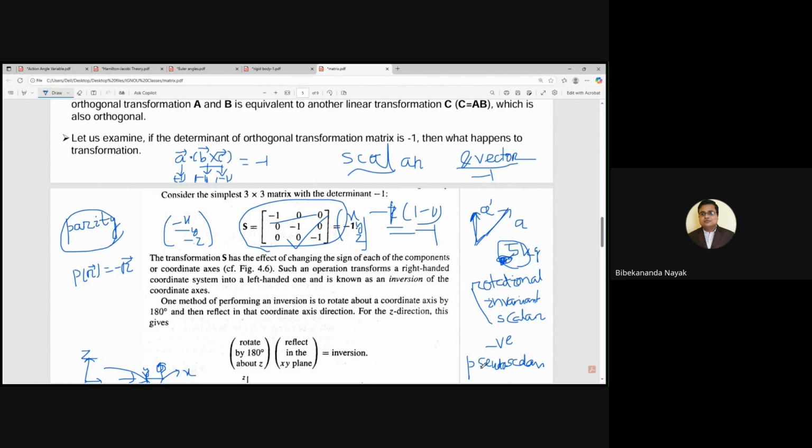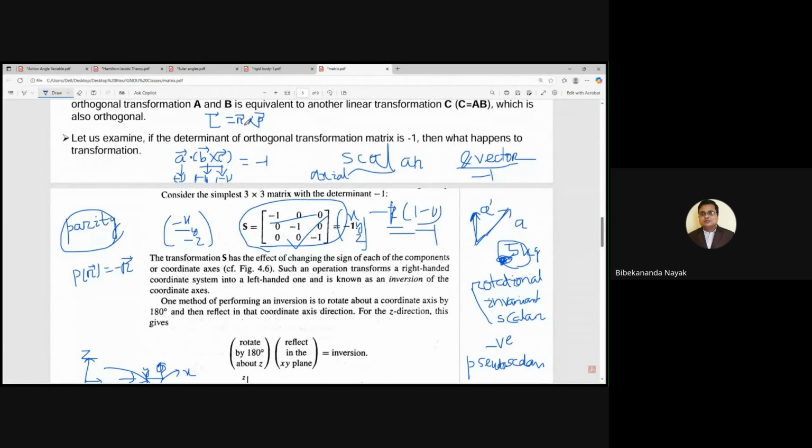Okay. Similarly for vectors, there are some kinds of vectors whose parity is positive. We call them pseudo vectors or axial vectors. They are actually rotational terms. Suppose angular momentum L is equal to R cross P, a product of two vectors.